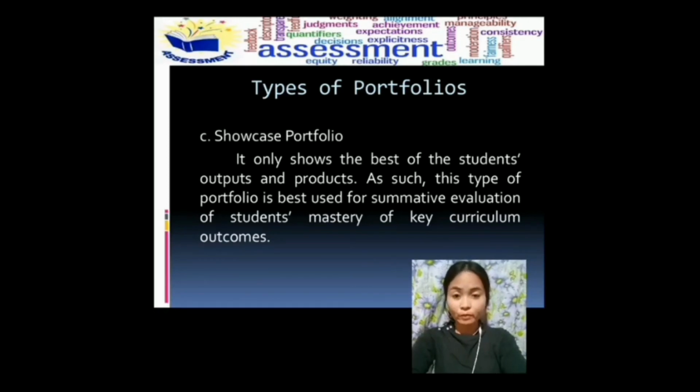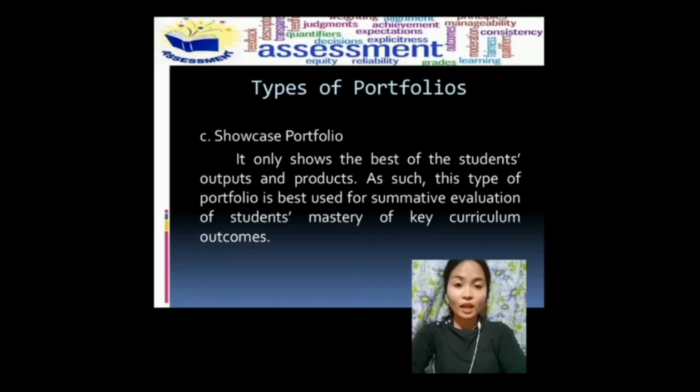As such, this type of portfolio is best used for summative evaluation of students' mastery of key curriculum outcomes. In this type of portfolio, we only put the best outputs from everything, like the summary of the lessons that we understood. It is no longer necessary to show from the beginning to the end. What is important are the main points that we summed up about the lesson. That is the showcase portfolio.